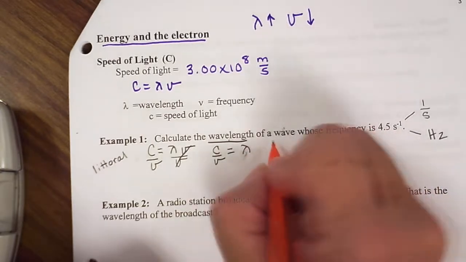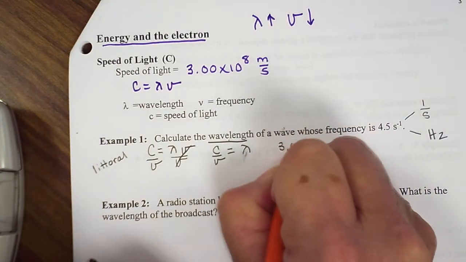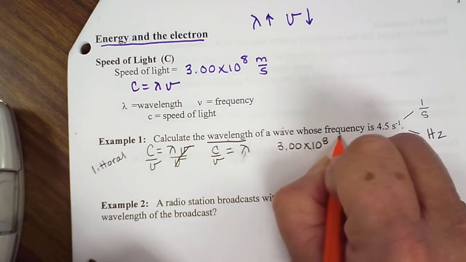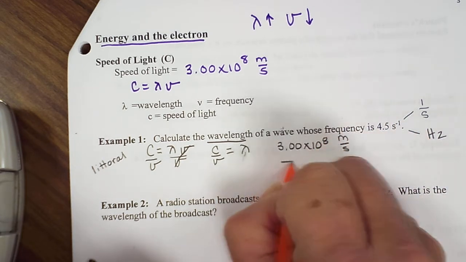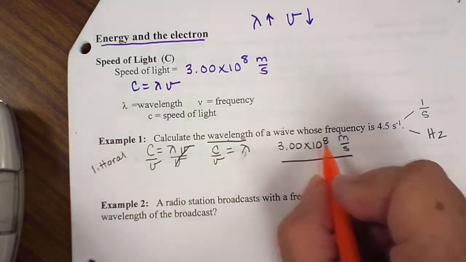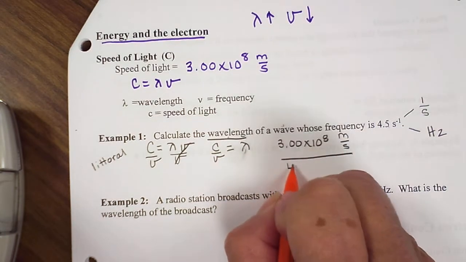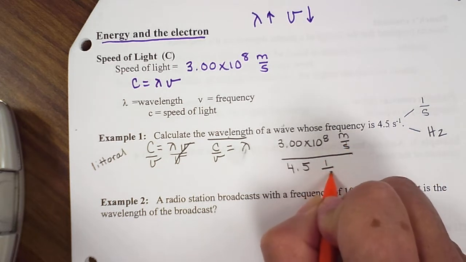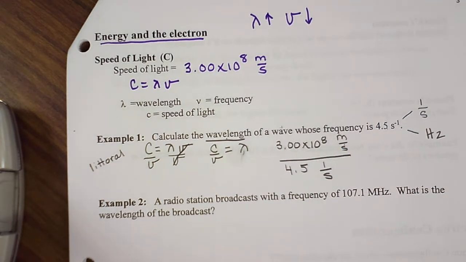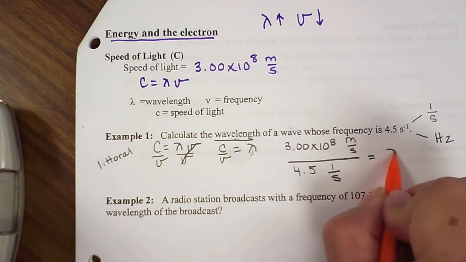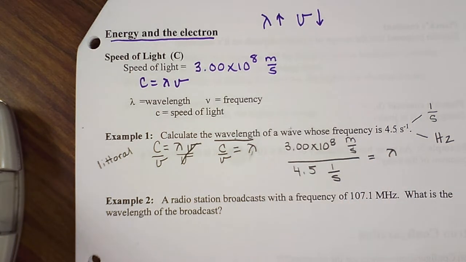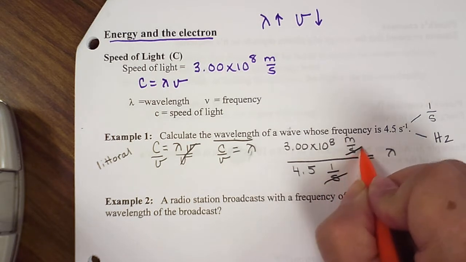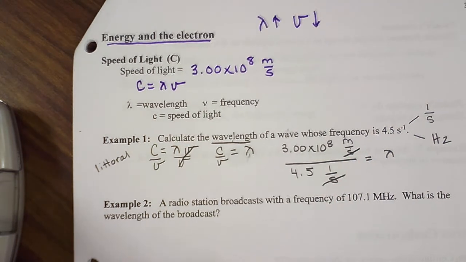I'm ready to plug in now: 3.00 times 10 to the 8th, and my unit is meters over seconds, divided by my frequency, 4.5, and I'm going to use the 1 over seconds here, which equals wavelength. The reason I use 1 over seconds is because bottom and bottom cancel, which is kind of a fraction rule.